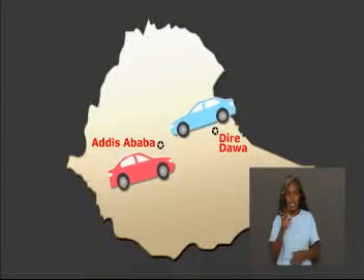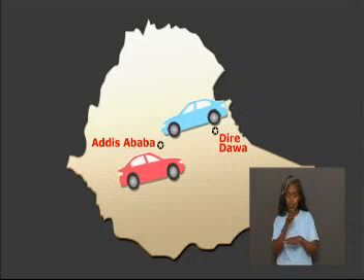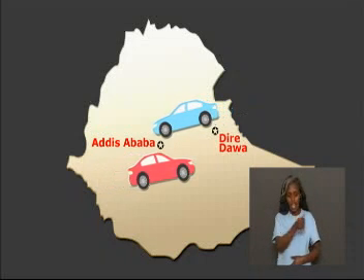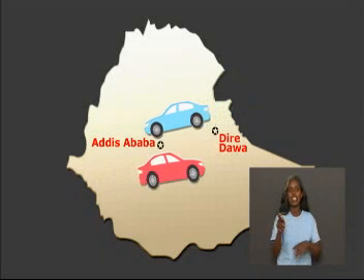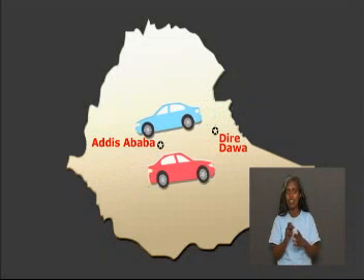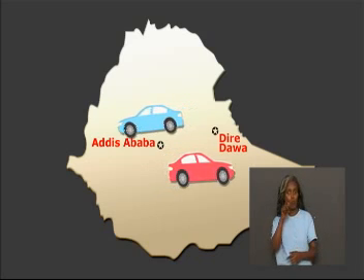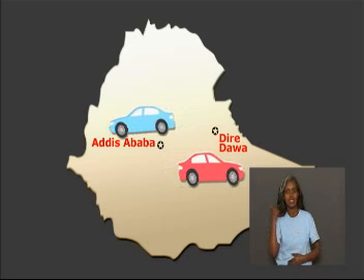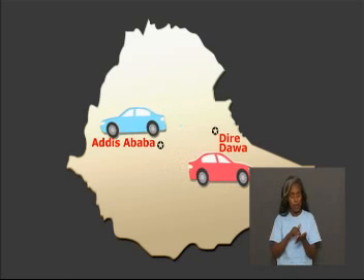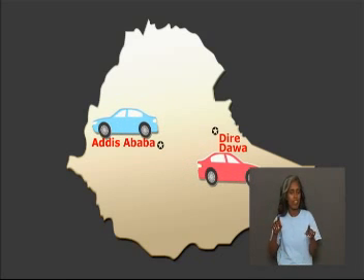If there are 8 cars which will take you between Addis Ababa and Dire Dawa, in how many ways can you go from one town to the other and come back by a different car?